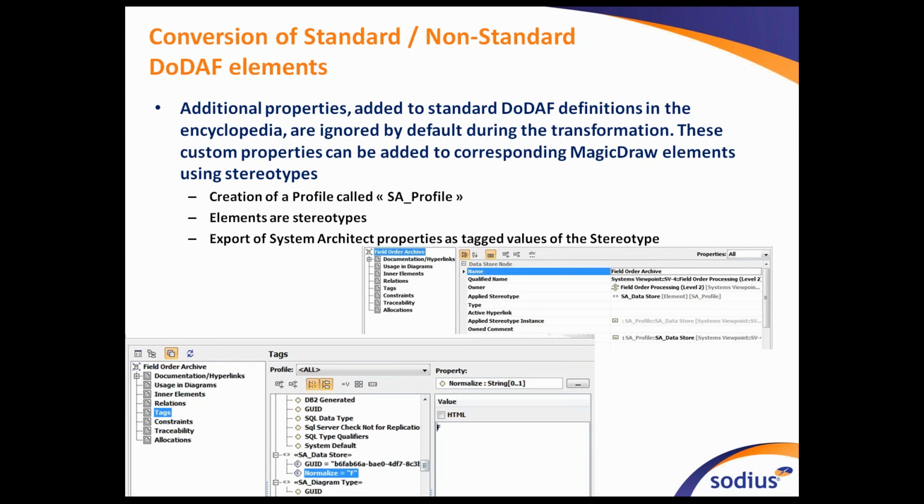So we have the creation of a profile called ESA profile, with stereotypes for the additional elements, and we have exported their properties, the System Architect properties, as a tagged value of the stereotypes. So here we can see that we have a data store which is called field order archive, that is a stereotype ESA data store, and it has a tag value which is normalized, and this information wasn't taken into account by default by our transformation.